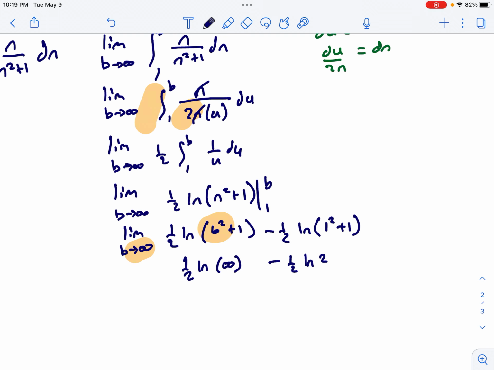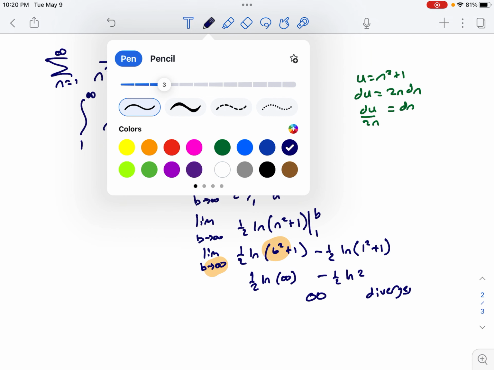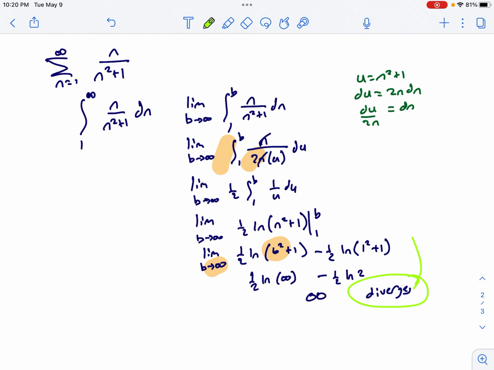So a really, infinitely big number minus something that's peanuts compared to it gives me a limit that approaches infinity, which is a limit that diverges. So what does that mean? That means, let's switch colors here, we'll do this bright green. All the way back here, my original series diverges because its corresponding integral also diverged.